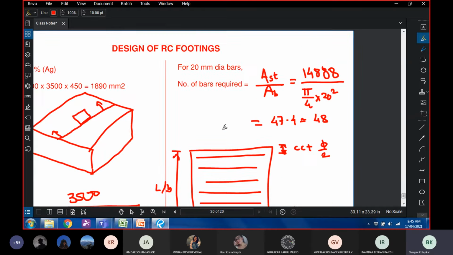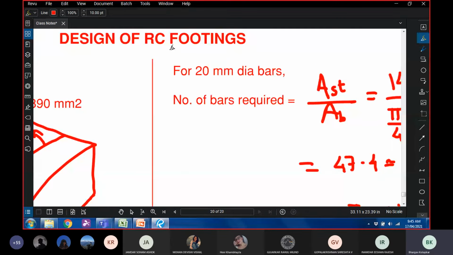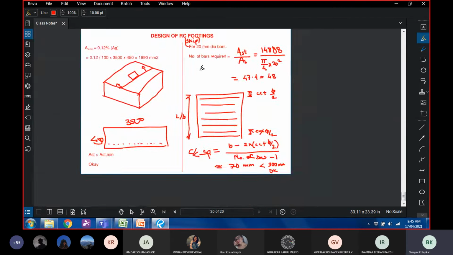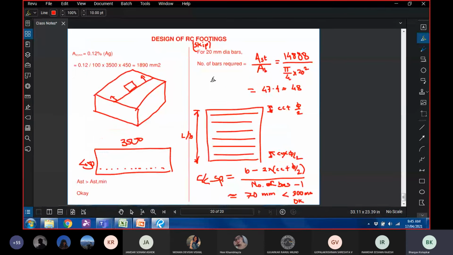You get a feel of it, so you might just skip this step in case you are short of time. This is not a very important check. Of course, it is important, but with the numbers that we are dealing with, we can just get a feel that we are way within 300, and therefore this is fine. We are providing 20 mm diameter bars at 70 mm. That's pretty close.